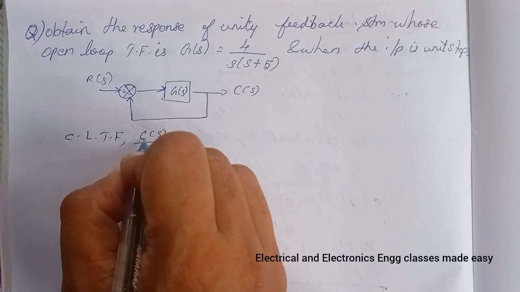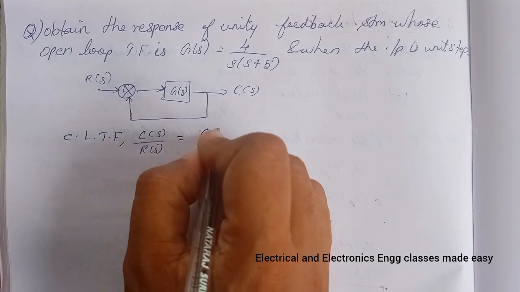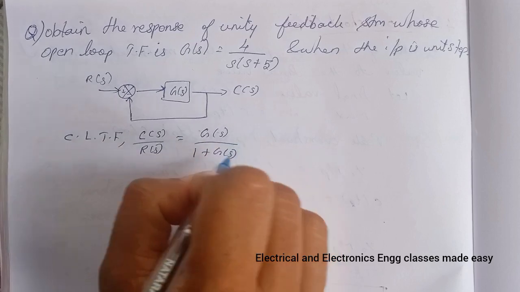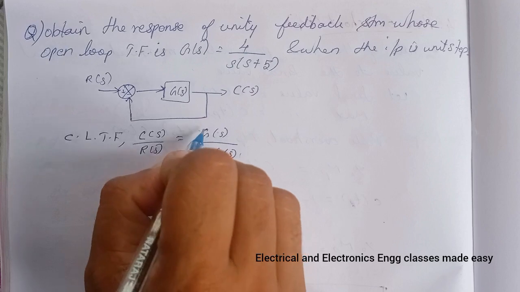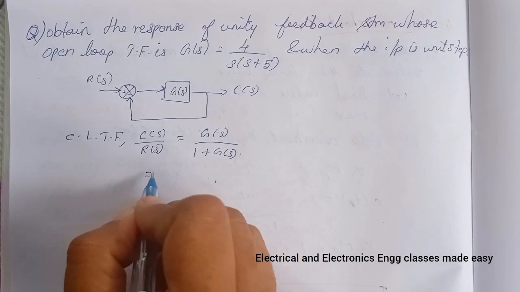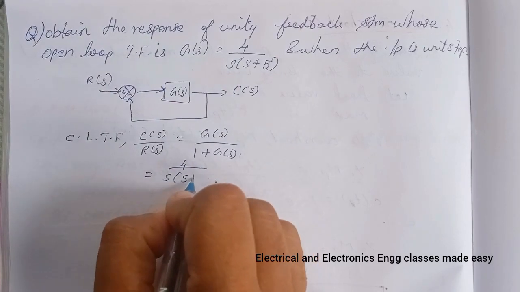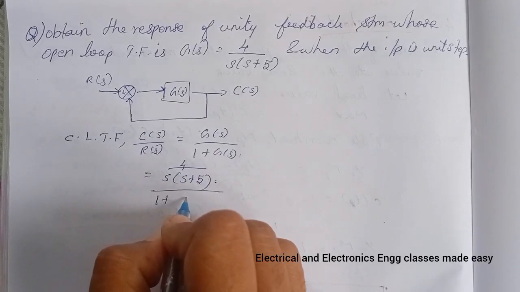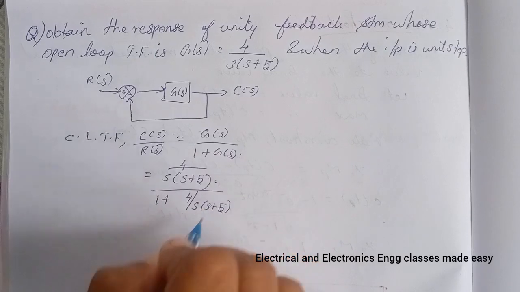So closed loop transfer function is, this is unity feedback system, so it is G(s) divided by 1 plus G(s). So here H(s) is 1, so we have to write G(s) divided by 1 plus G(s). So G(s) is 4 divided by s into (s plus 5), then divided by 1 plus 4 divided by s into (s plus 5).